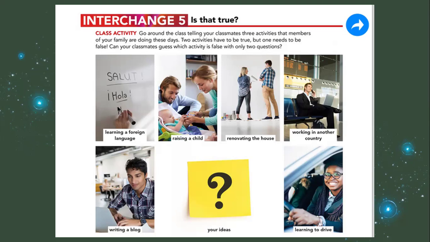Yes. Okay. So think about maybe three activities of your own and maybe two activities of one member of your family. Include one that is not true. One is not true, and I have to discover what are true and what are false.